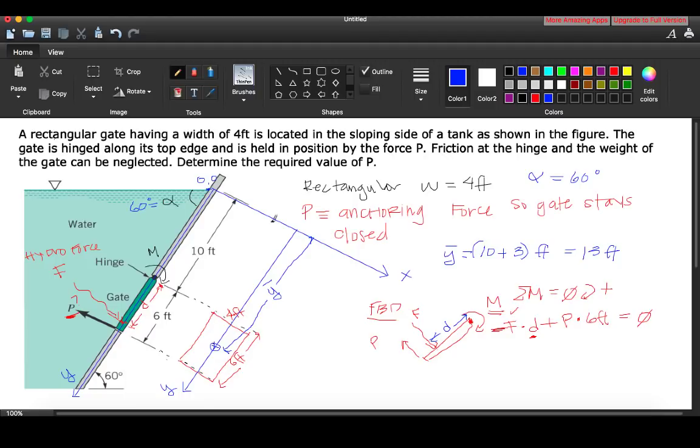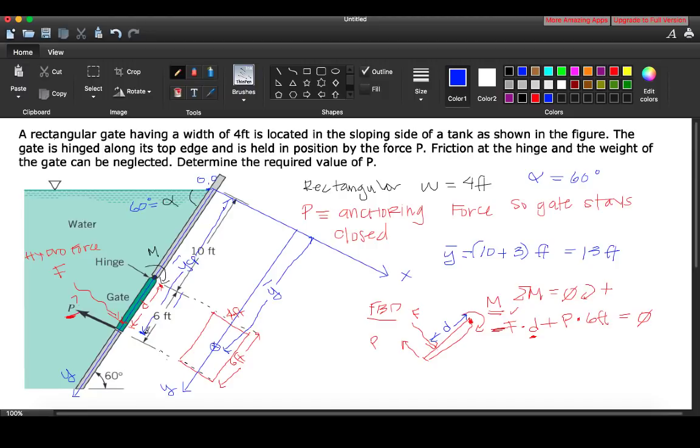Now, what are we capable of solving for? We're capable of solving for the distance from the center of pressure to the 0, 0. This distance is your YCP, right? So you have this entire distance, but you just want to find this little guy. So what's the difference?